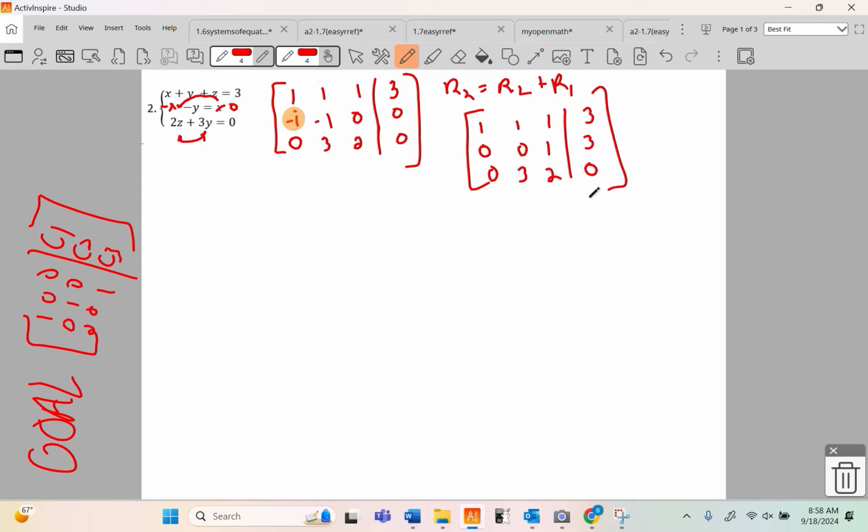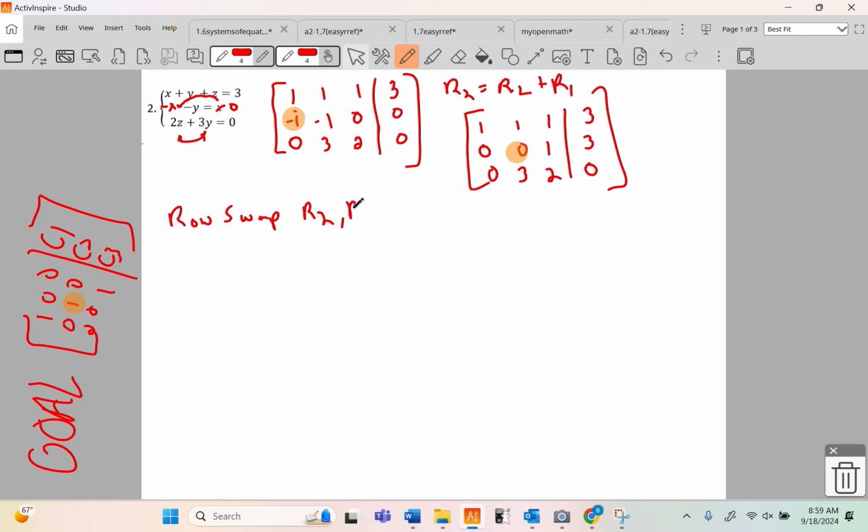Now, how am I going to get something useful? If I think about my goal, I needed a 1 there, and there's a 0 there. I can't do something silly like add 1. That would be ridiculous. What I can do is what's called a row swap.